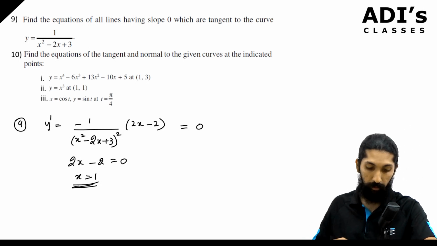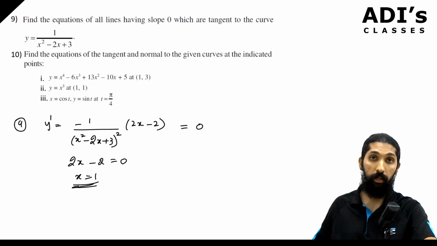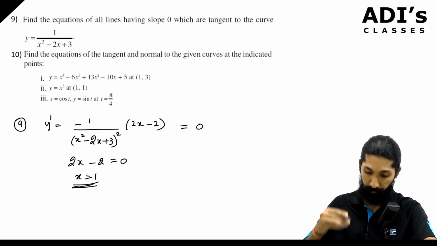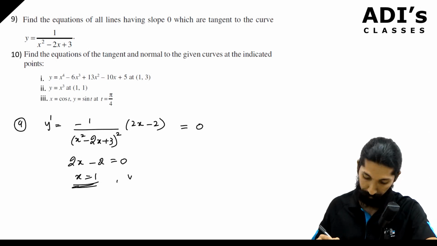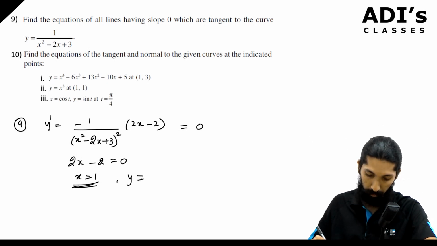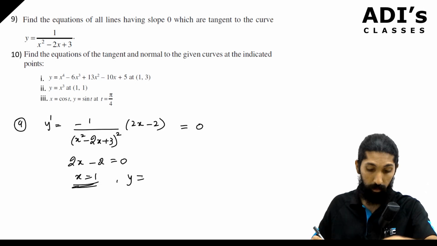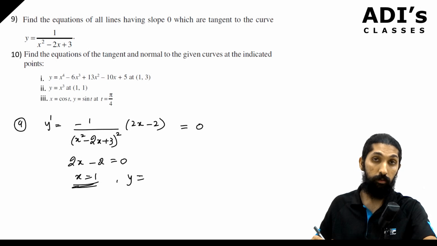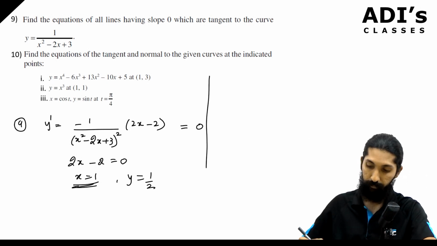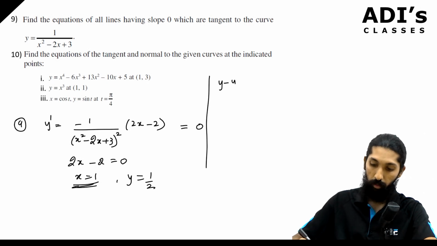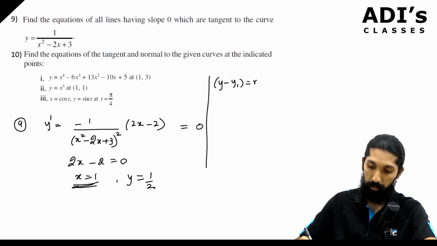See, x is 1. Find the equations of all lines having a slope of 0. x is equal to 1. Substitute and get the value of y. That means y value becomes 1 by (1 minus 2 plus 3), correct? Which is 4 minus 2, 2. y value is half. So what do you have? You have y minus y1 is equal to m into (x minus x1).